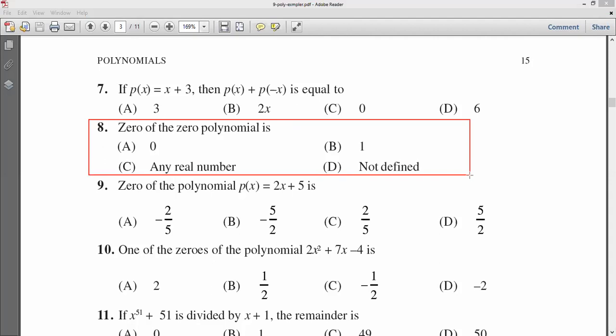Don't know? Any number. Any number. How? Tell me, can you explain? How are you saying any number?